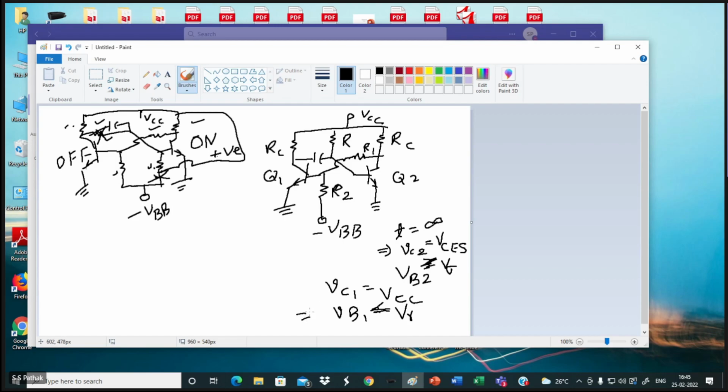Current comes from VCC to minus VBB via this RC, R1 and R2. So this one, VB1, will be nothing but VCC plus VBB, because VCC minus VBB, VBB being negative, so becomes a plus, divided by R1 plus R2 plus RC is the current, this into R2.